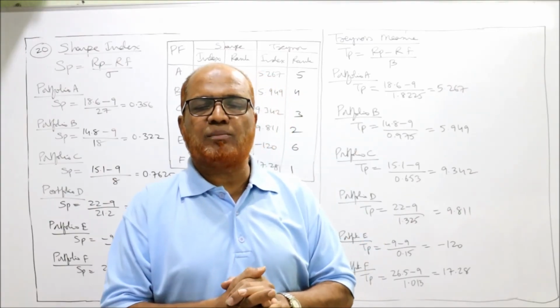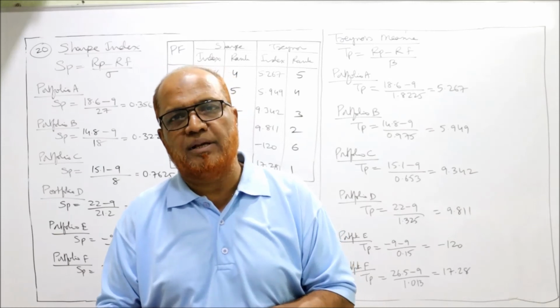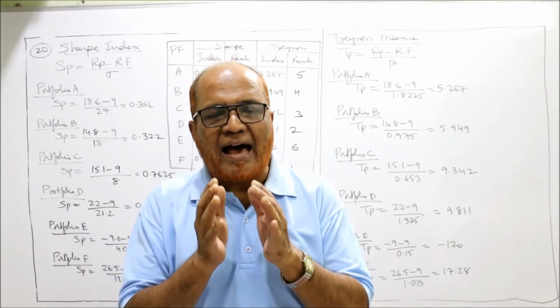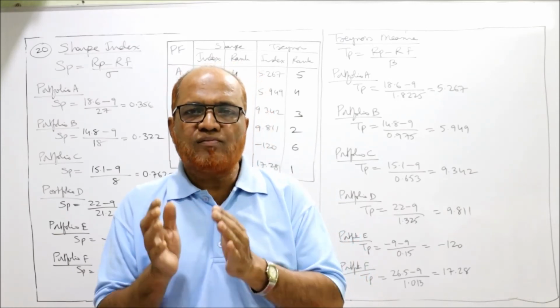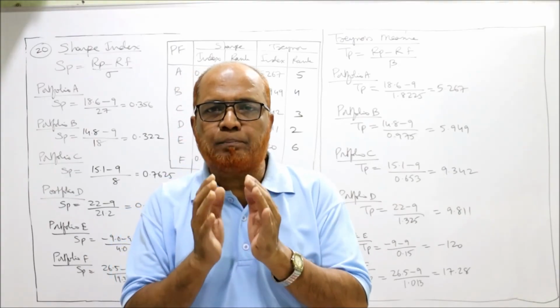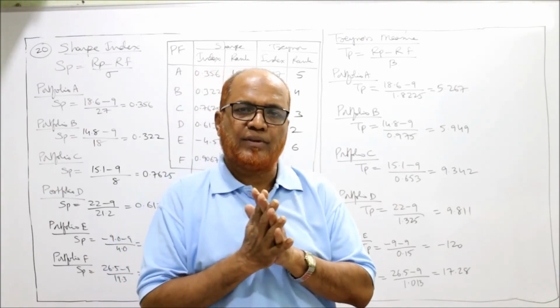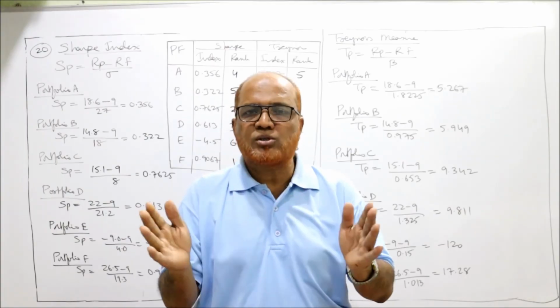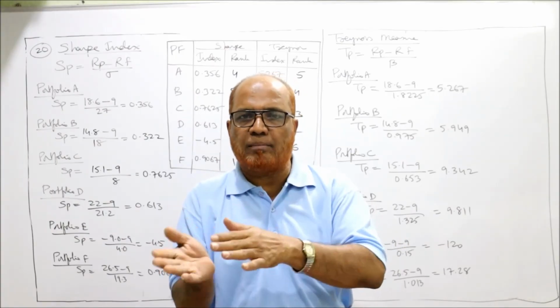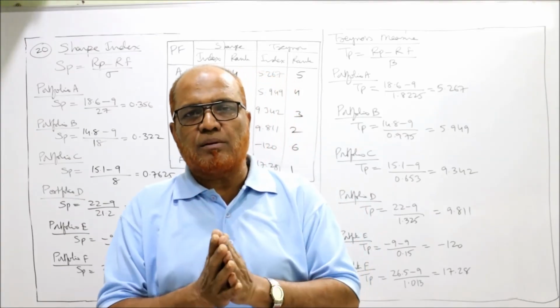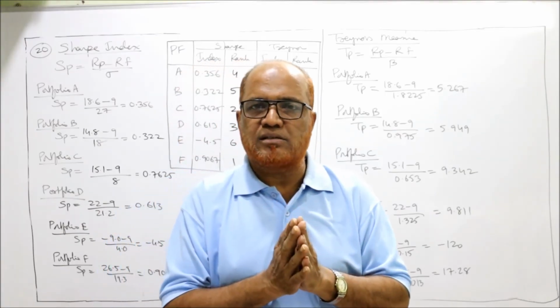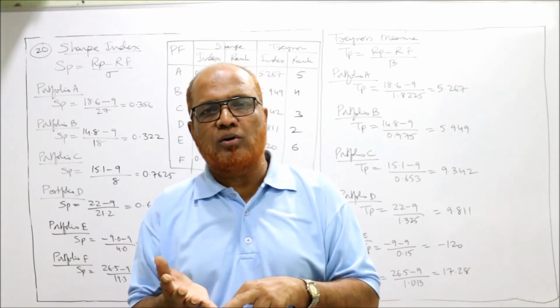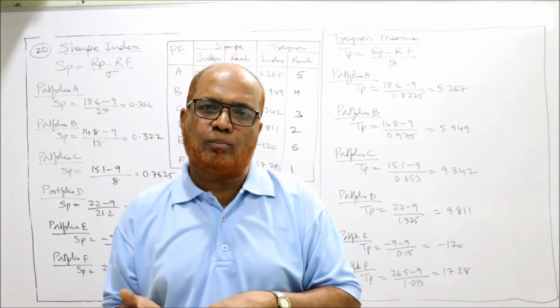Second unit, we have discussed fixed income securities, bonds and debentures. How to calculate the value of a bond, because valuation is also one of the steps in the process of investment. Valuation of securities is one step in the investment process. Now securities are divided into two categories, fixed income and variable income securities. So fixed income securities, second unit, bonds and debentures. So how to calculate the value of a bond and how to find out the return on a bond.